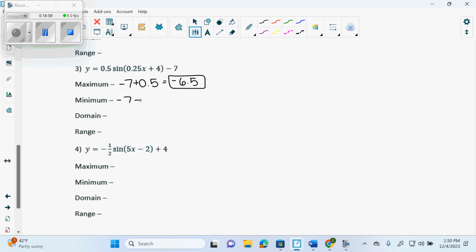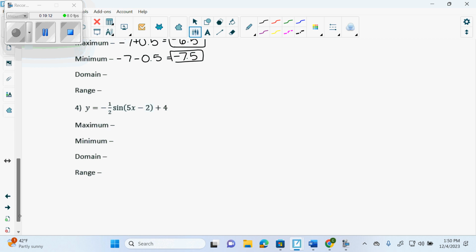And then -7 minus 0.5, and we get -7.5. Number 4, your maximum is going to be D plus amplitude, so 4 plus 1/2, which is 4.5, and then 4 minus 1/2, which is 3.5.